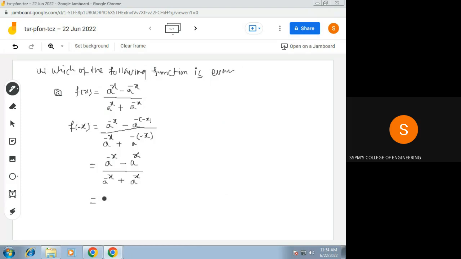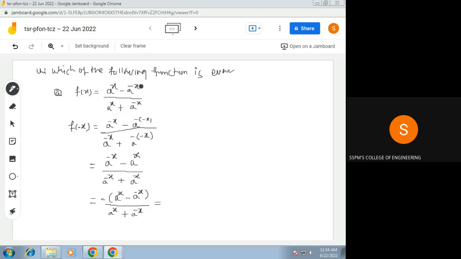So if you take minus as common, there will remain e raised to x minus e raised to minus x upon e raised to x plus e raised to minus x. Are you getting the same function as the given function?